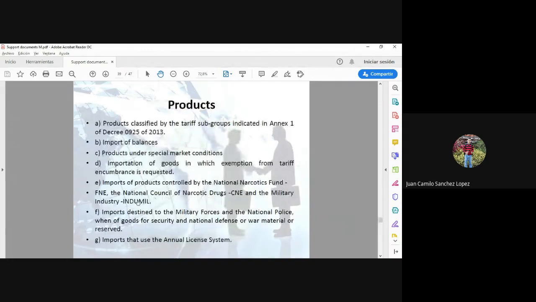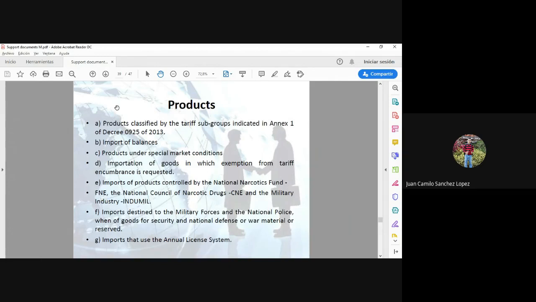For example, here in Colombia, for importing guns, for the army, only Indumil, the government entity of the army, is authorized for importing guns. Nobody else, no legal or single person, no private or public company, can import it.